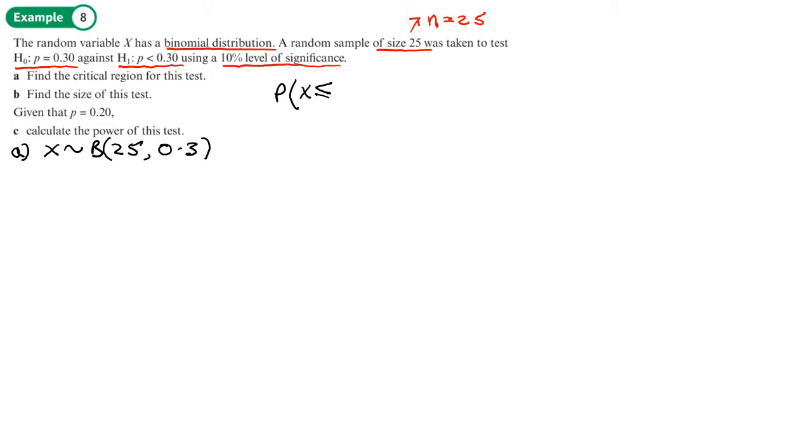So I'm going to do the one that's just below 10%, and the one that's just above. So just below 10% is when we go down to 4, and less than or equal to 4 is a probability of 0.0905.